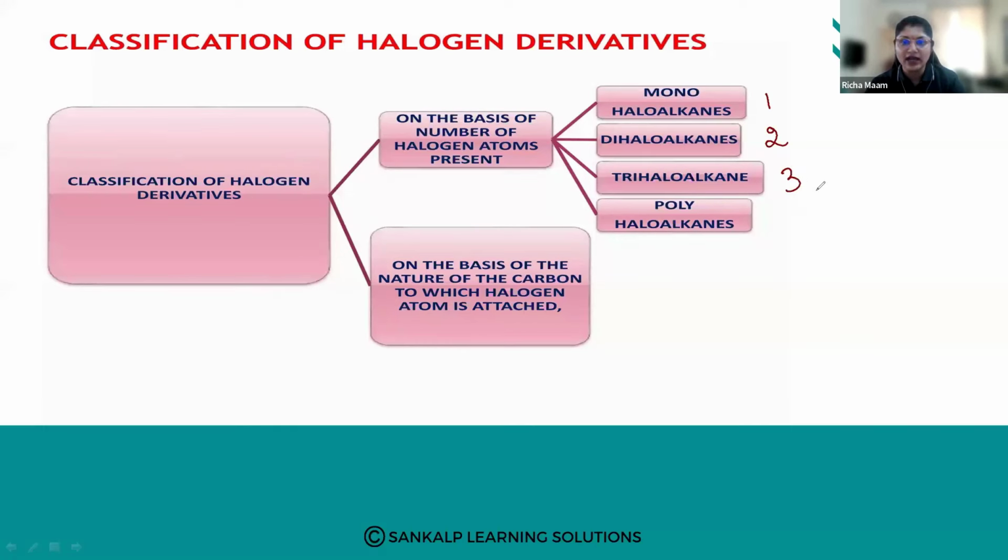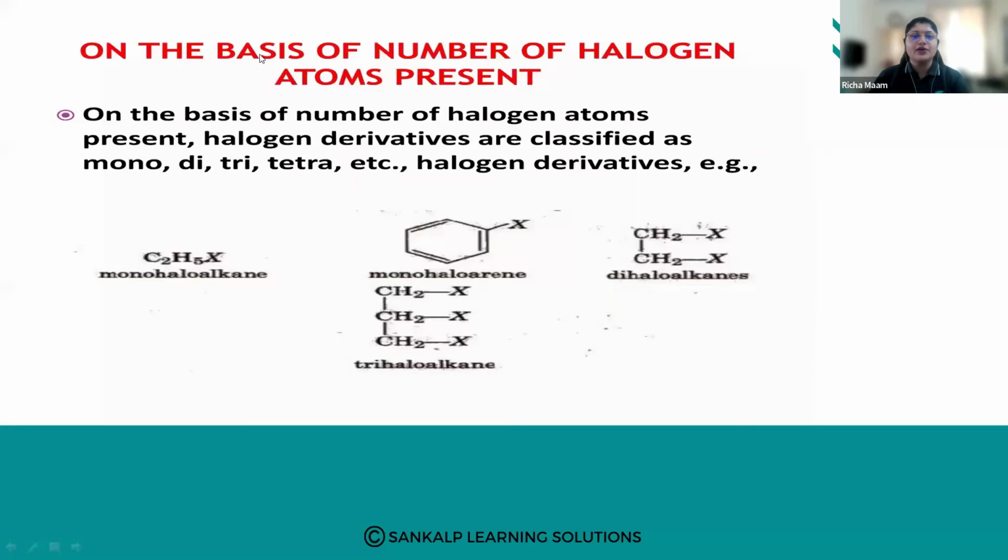If three, it is tri. Poly means more than three, so they are called polyhaloalkanes. This is the first classification. We'll see the example. So can you tell me what this is?